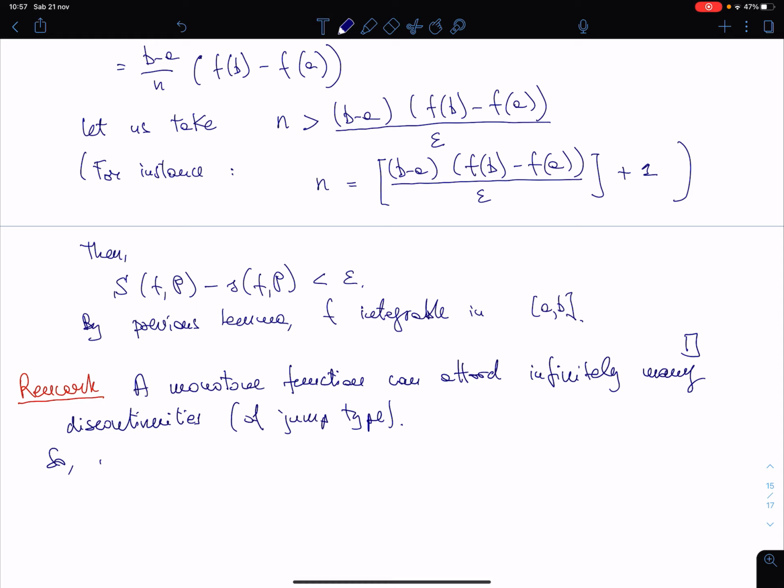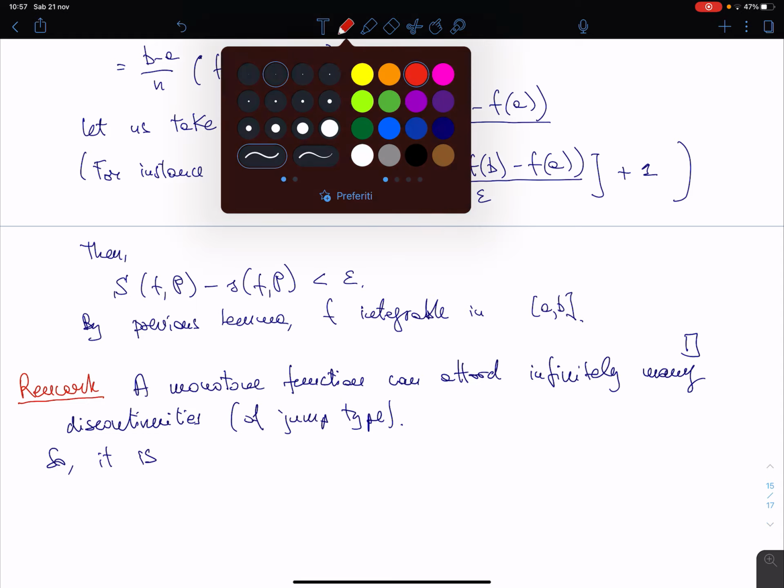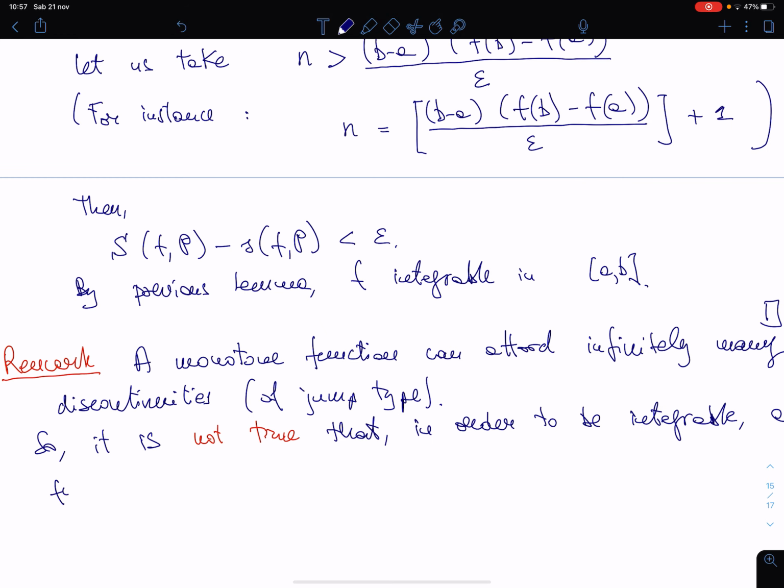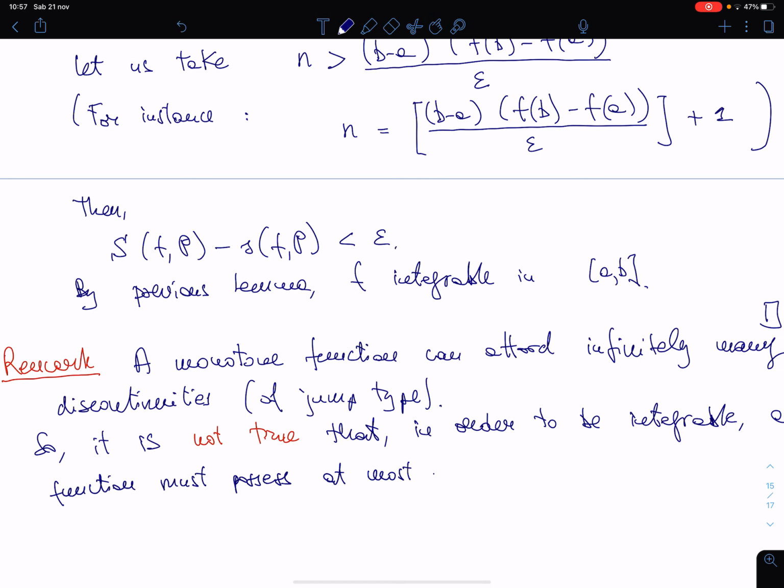So it is not true that in order to be integrable, a function must possess at most a finite number of discontinuities.